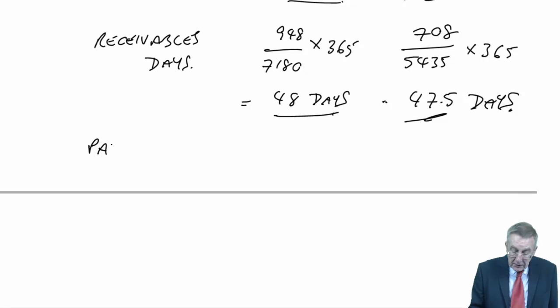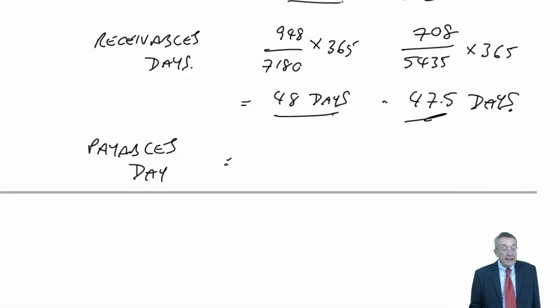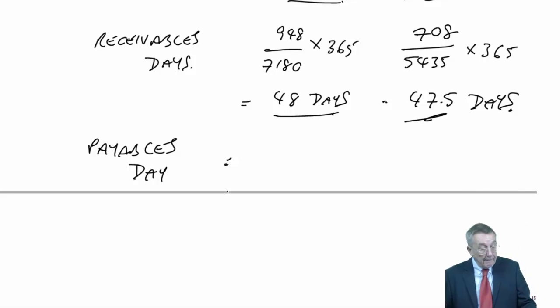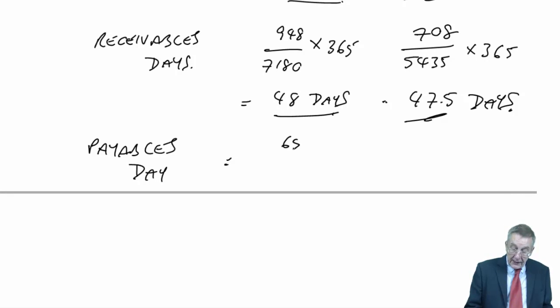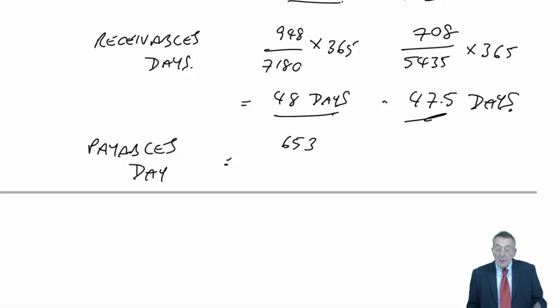The other one, payables days, exactly the same idea, except here, how long are we taking to pay our payables, our creditors? Trade payables, this year 653. We should strictly use credit purchases because that's what we owe the money on.